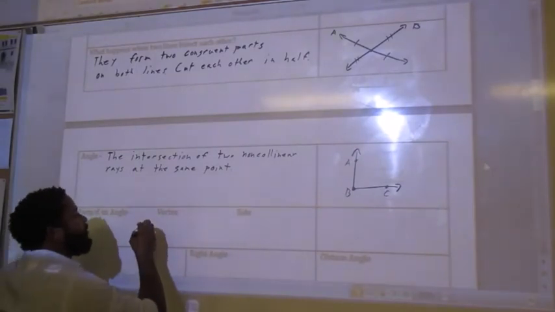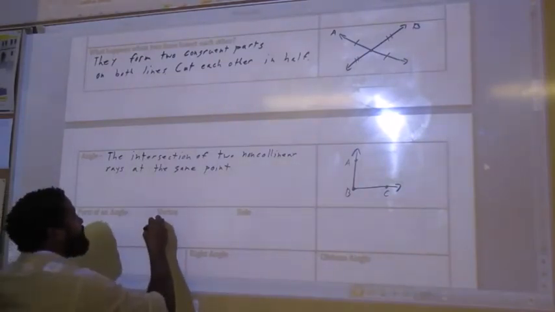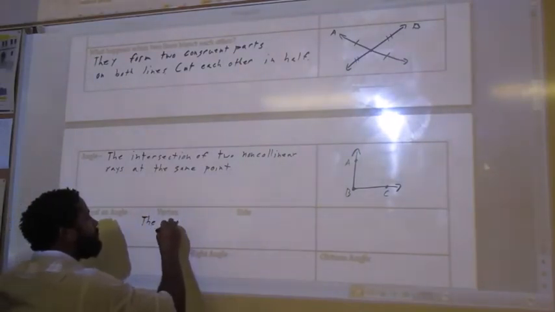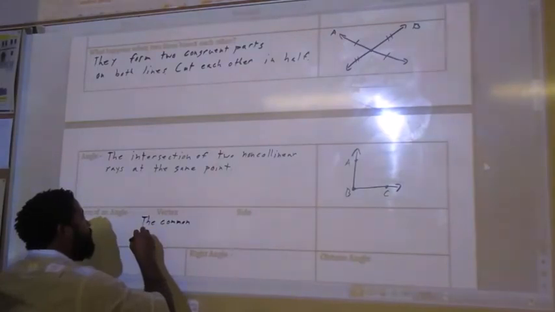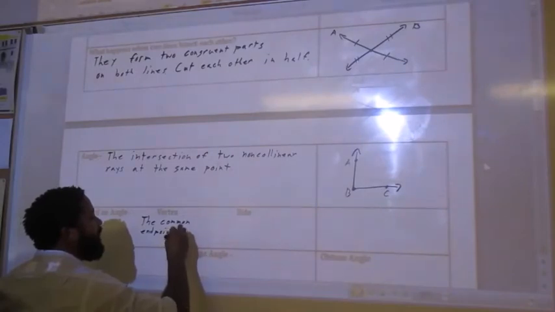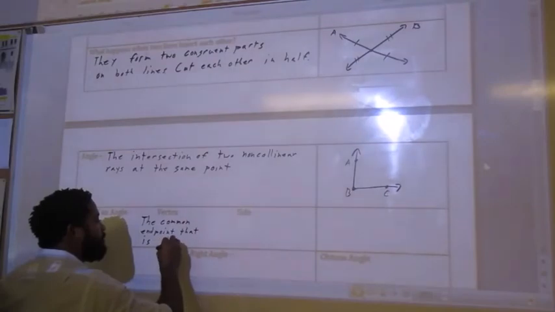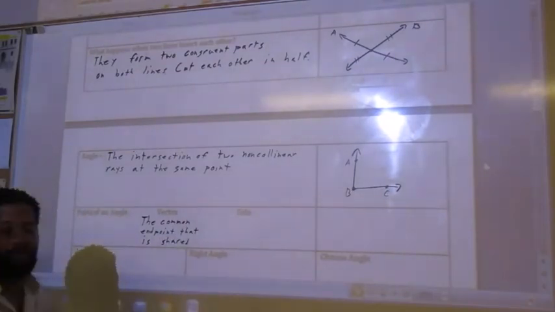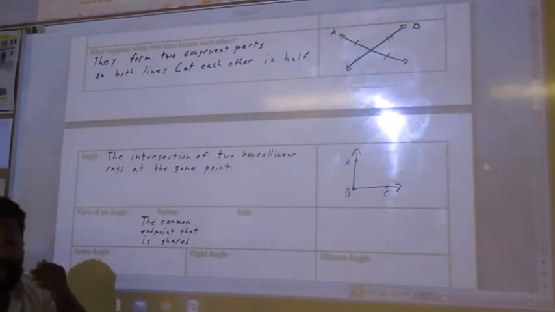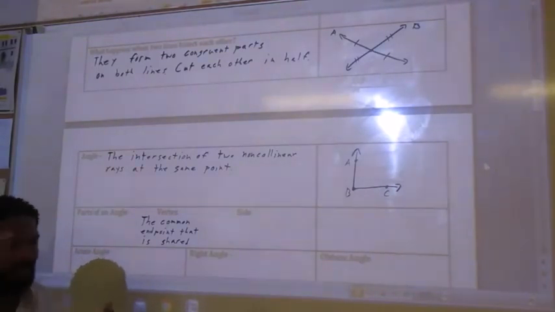Vertex is the common endpoint that is shared. Sounds a little redundant if I say that it's a common endpoint that's shared, but I want to drive this home to y'all.